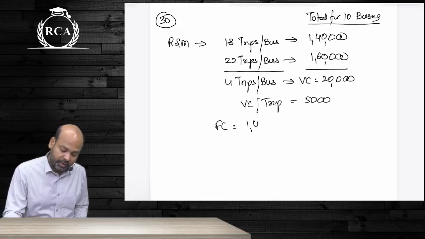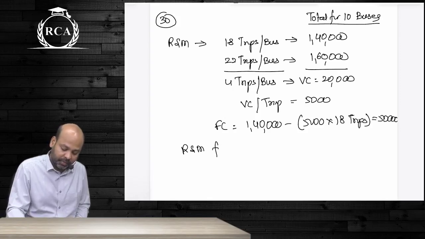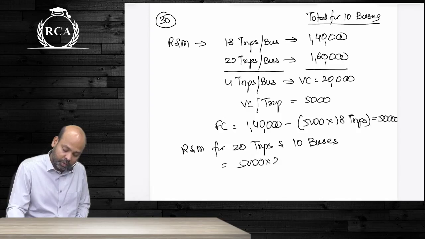From 1,40,000 I will remove variable cost of how many trips? 18 trips. How much will that become? 50,000. Can you tell me how much is repairs and maintenance for 20 trips and 10 buses? 5,000 into 20 trips plus a fixed cost of 50,000.